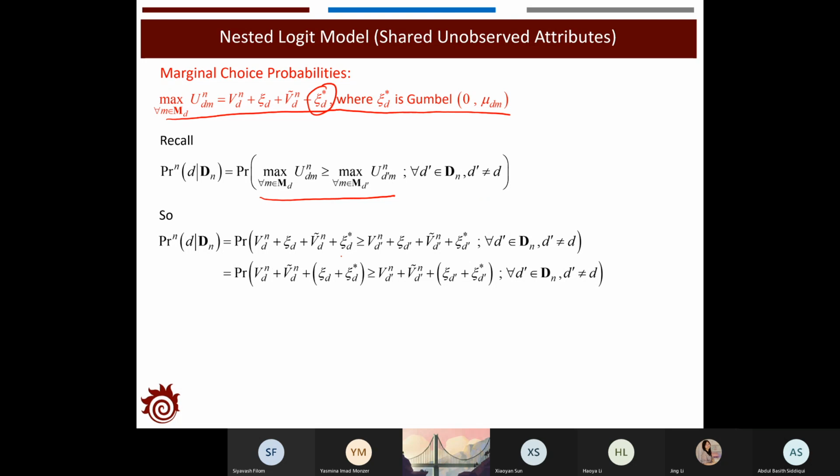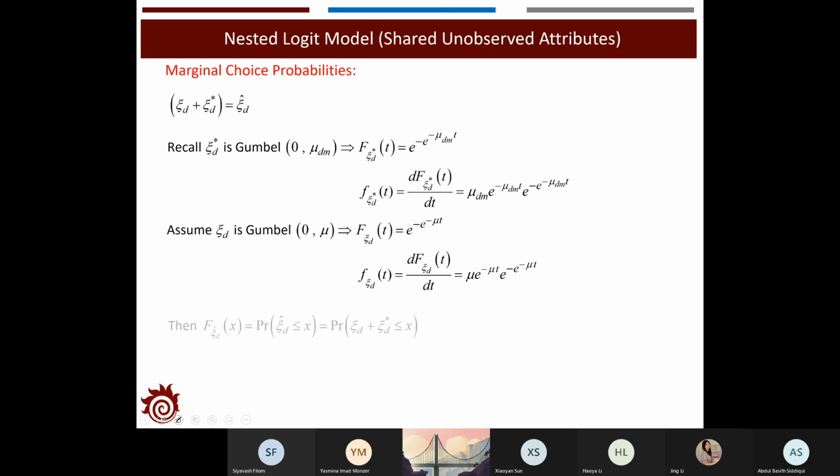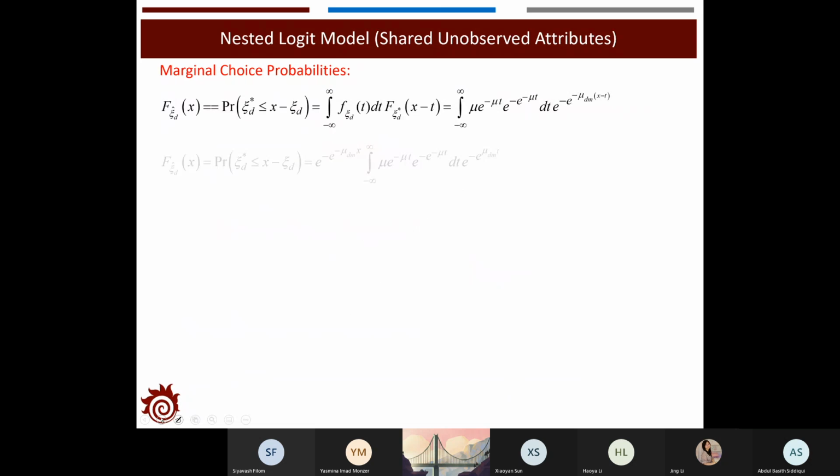By knowing the distribution of these two random terms and also the distribution of the shared and observed attribute, we can get the probability. Not exactly easily, but we can use the features of the Gumbel distribution to get the result. Again, I'm going to skip the derivations.